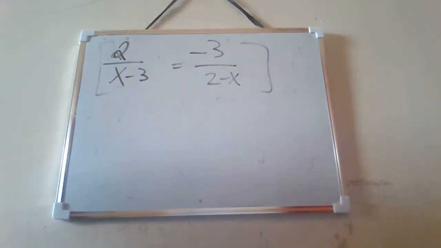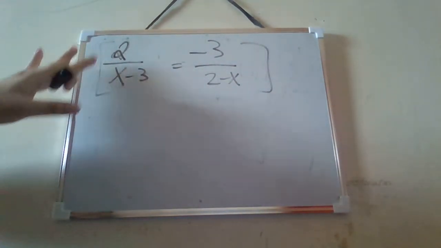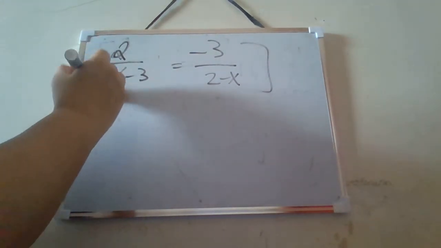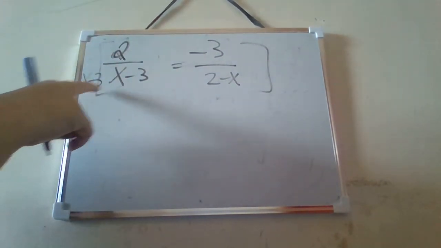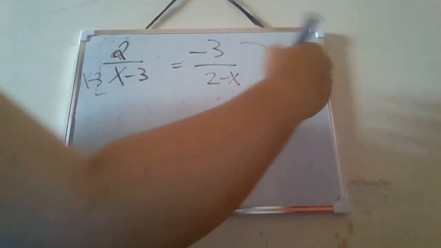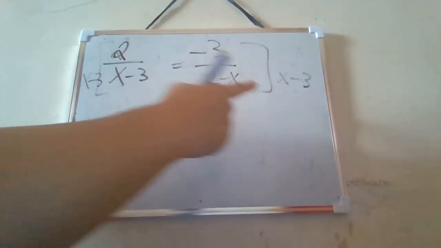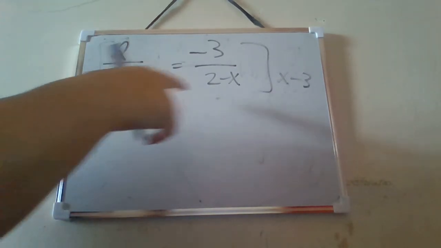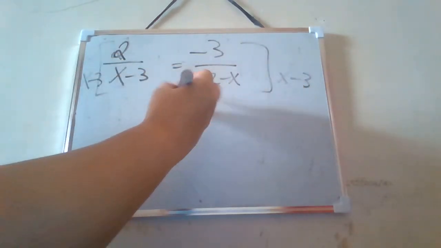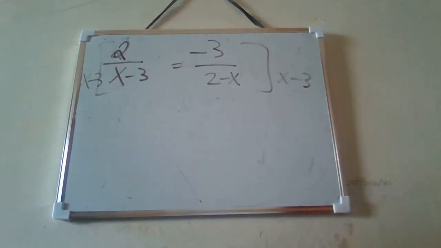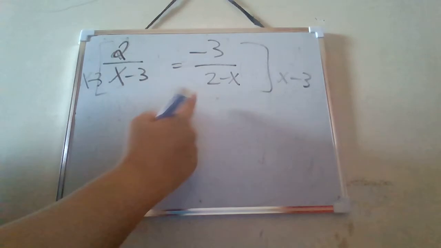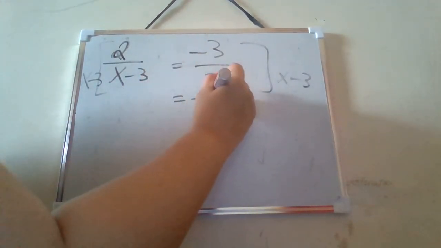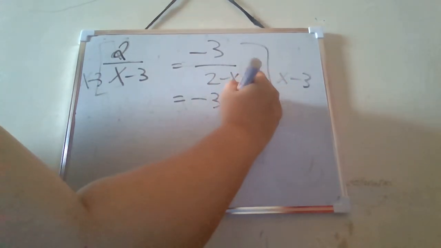Whatever you do on the left side, you do on the right side. So to eliminate the first denominator, which is x minus 3, eliminate natin. Kaya lang dito, gagawin din natin x minus 3. So mai-eliminate ito. Kaya lang ito may matitira, di ba? Magiging negative 3 times x minus 3.